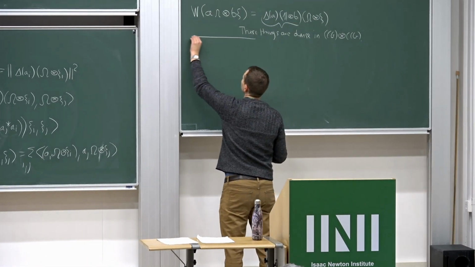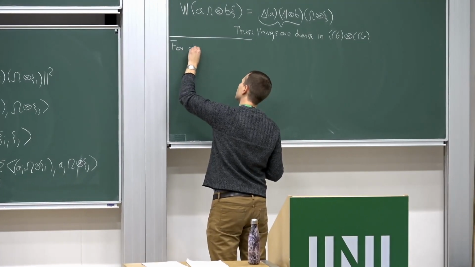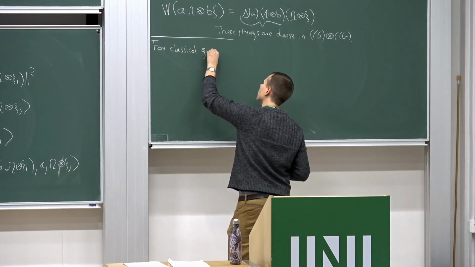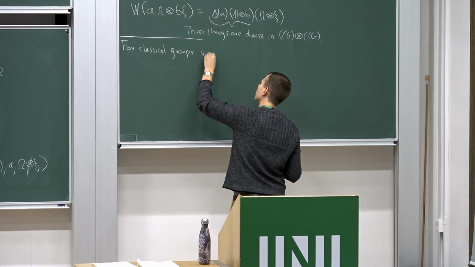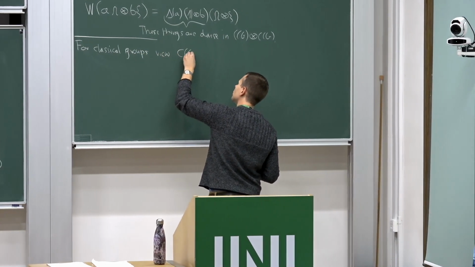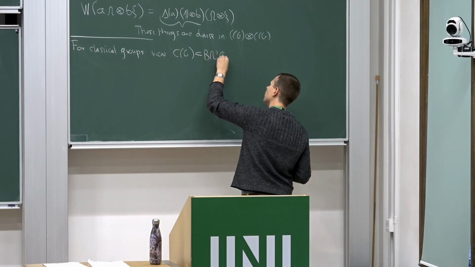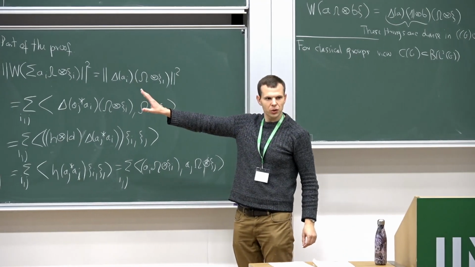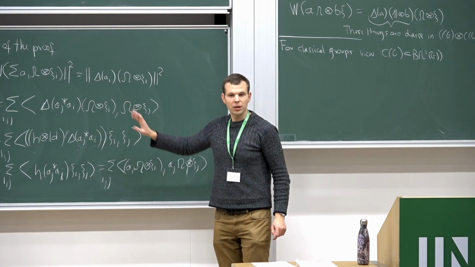So what happens for classical groups? For classical groups, we view C of G inside B of L2 of G. Now our H naught space is also L2 of G. We don't need this auxiliary Hilbert space.